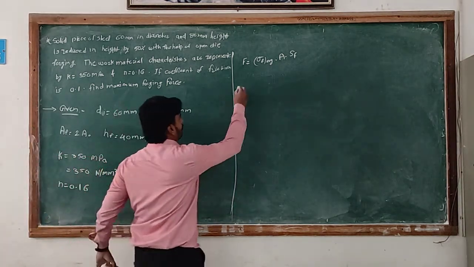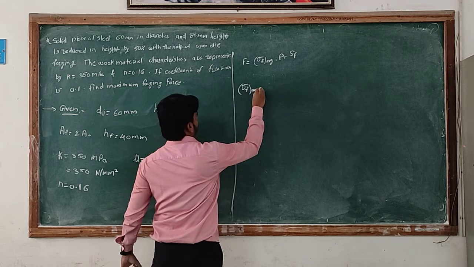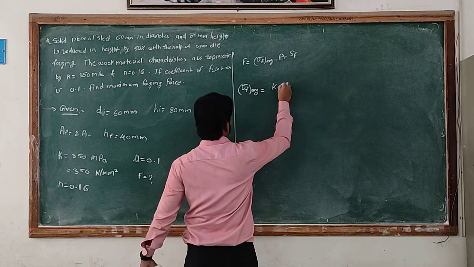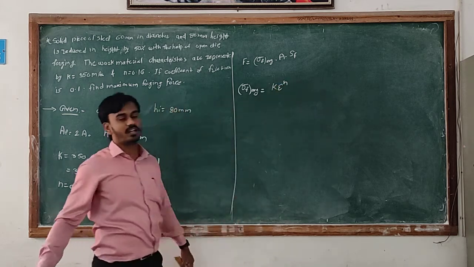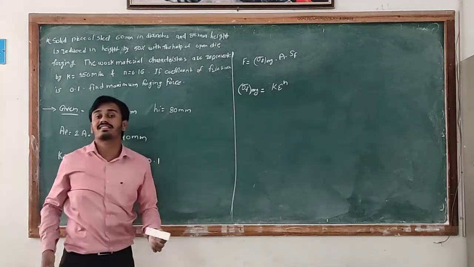Now, sigma f average, what is the formula in the forging case? It is K into epsilon raised to n, where epsilon is the strain.